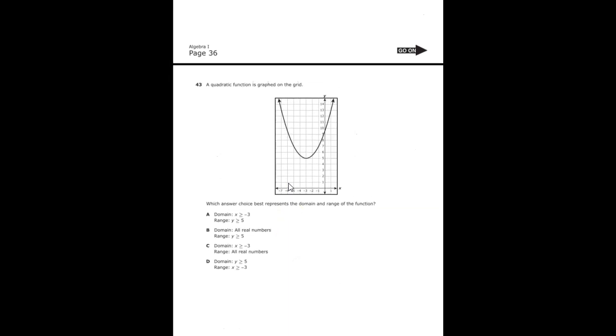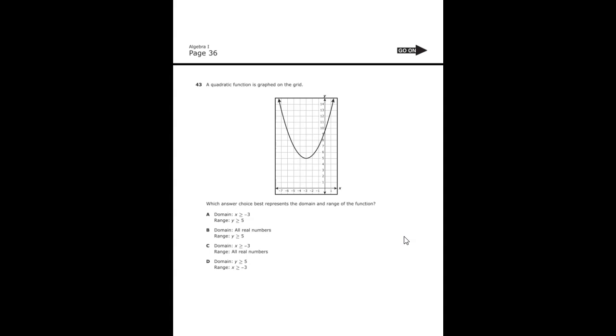A quadratic function is graphed on the grid. Which answer choice best represents the domain and the range of the function? So your domain is all real numbers, because if you look at the arrows there, they continue to go in both directions of the x-axis.